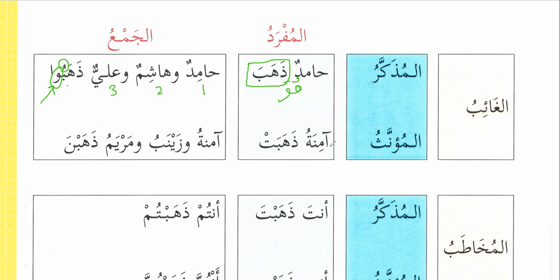Why is it coming to the muannas singular? As you know, the structure now with the ta tanis, and the hiya is hidden inside this verb. And when it comes to plural, we have noon niswa with the sukoon over the last letter, the ba. So I hope now it's really very clear after doing the pronouns in detail.